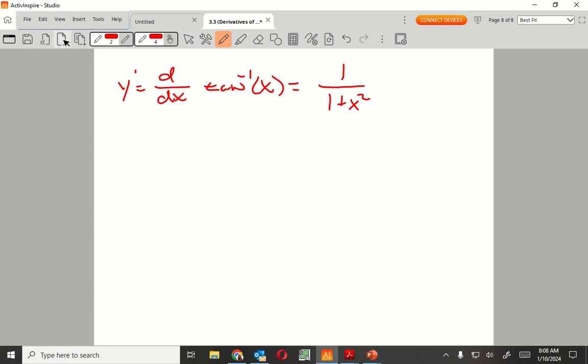Okay. So that's basically what you're going to use to actually solve all these things. Every time we do the tangent one, we're just going to use that. So for the next one, for my formula, we're going to solve this one.